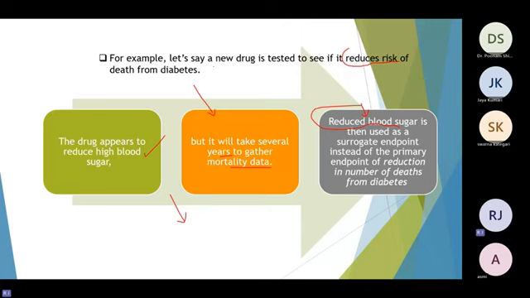So instead of waiting for subjects to die someday, we can use some other parameter, and those parameters which are used instead of the primary endpoint are called surrogate endpoints. In this particular case, instead of waiting for subjects to die, we are checking the blood sugar level to know whether our anti-diabetic drug is going to reduce the risk of death from diabetes. That is a surrogate endpoint.